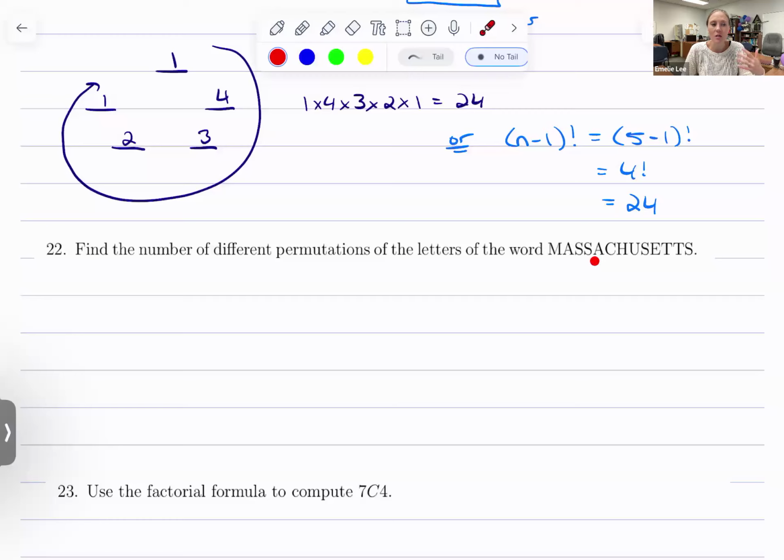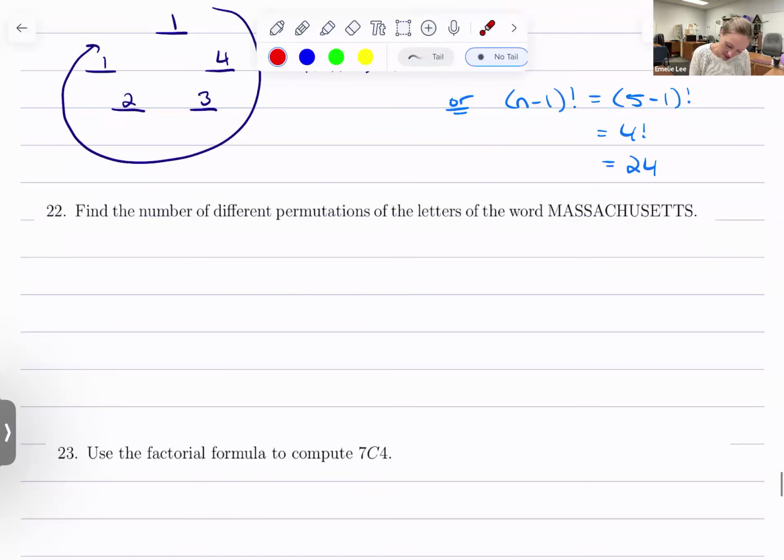And so we need to eliminate those duplicates. How we do that is we first need to figure out how many letters in total. So I have total letters, which is 1, 2, 3, 4, 5, 6, 7, 8, 9, 10, 11, 12, 13.